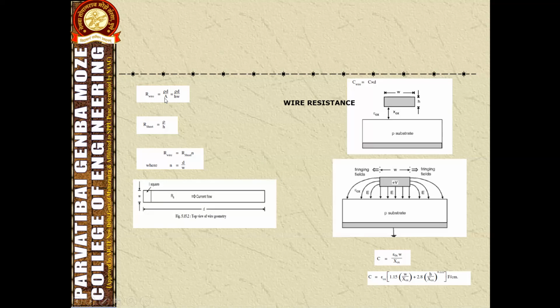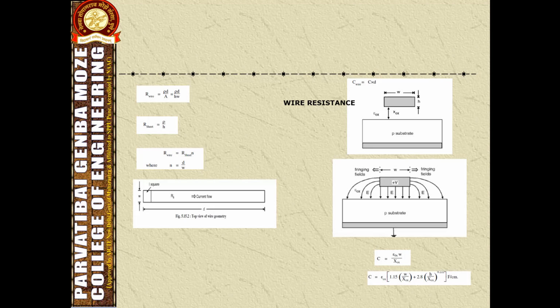Here WH is the area, height into width, and rho is the resistivity in the unit of ohm centimeter, and A equal to WH is the cross-section area of the line.